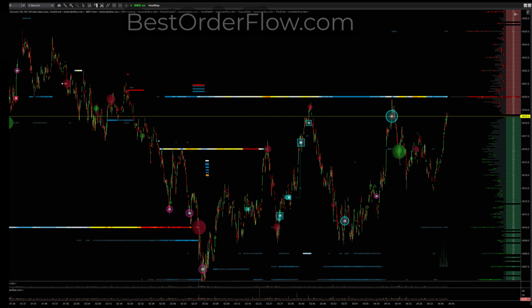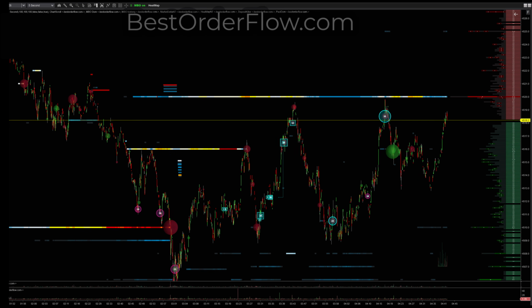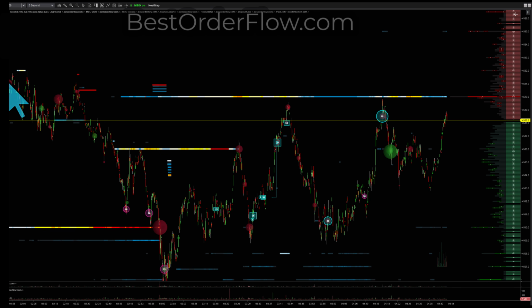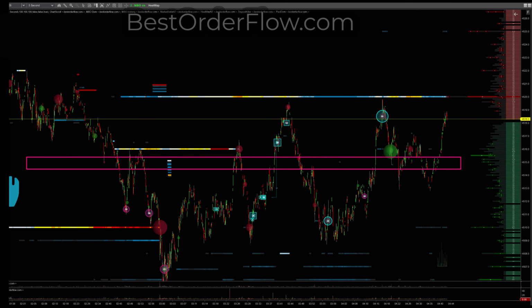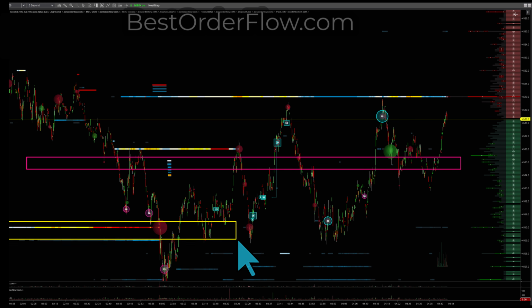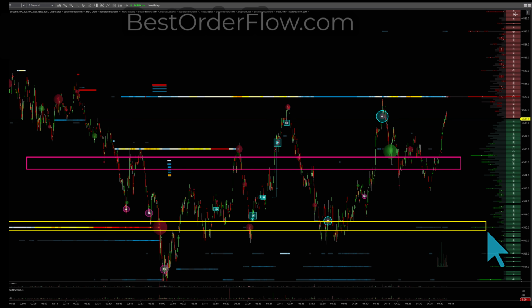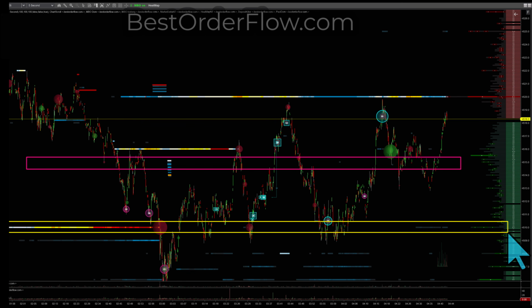Now, this is a very common scenario, and let me draw a few things. How could you trade a situation like that? Let's highlight that this was a historically strong liquidity level that is still present right now to some degree over here.